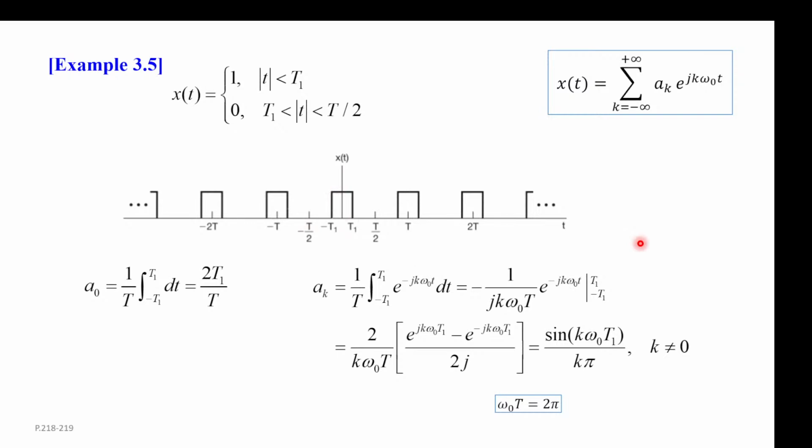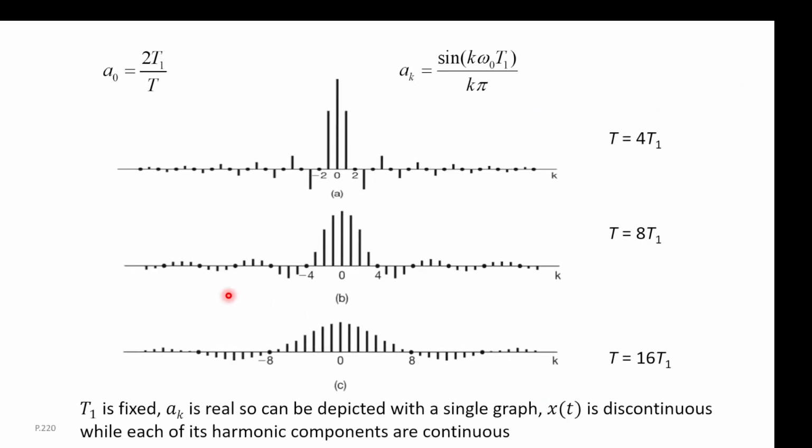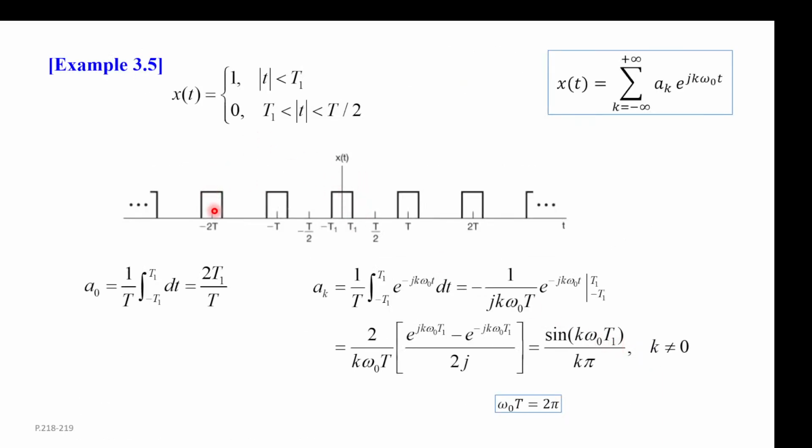But when we plug in our formula, we find out that we can still find ak. Ak is some finite value and it is decaying, and now we are thinking, does this make sense? We are approximating this discontinuous x of t with e to the jk omega naught t, which is continuous. So how is this possible?